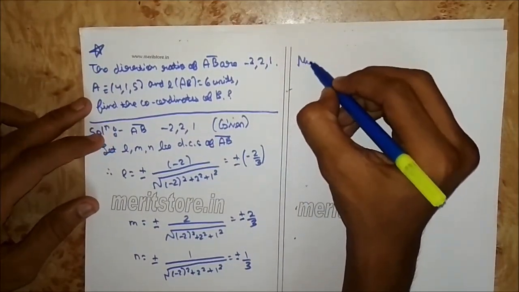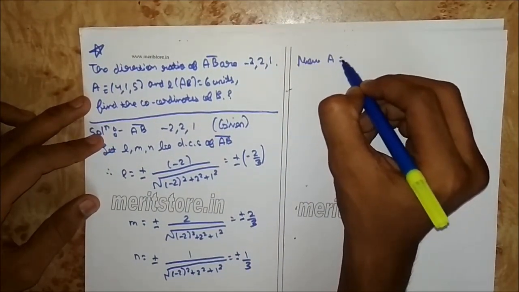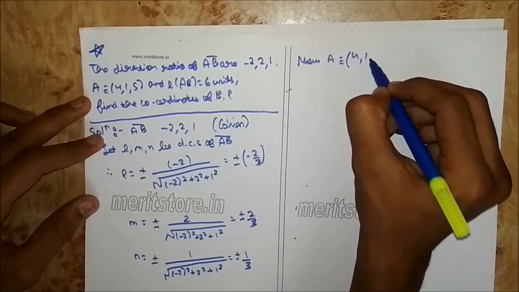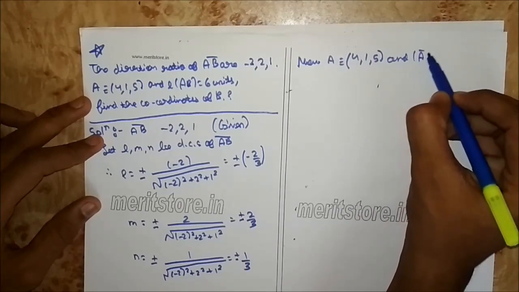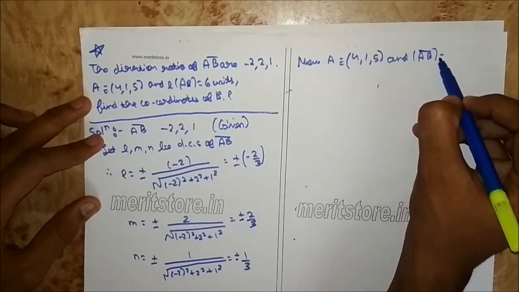Now A is given as (4, 1, 5) and AB is given as 6.